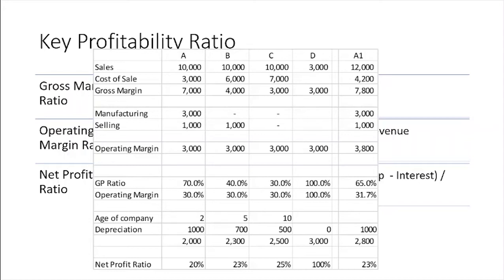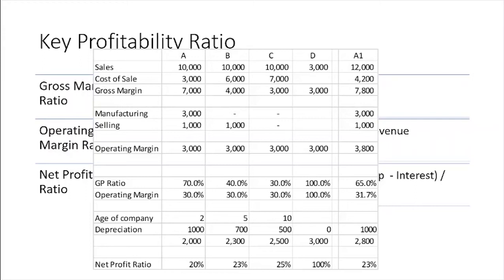Production. So you can have 3 different methods of depreciation: written down value, usage and straight line, and also the age of the company. So all of this will affect your net profit because the depreciation charge will be different, correct? So you cannot just compare the net profit from one company to another company without looking at these conditions.